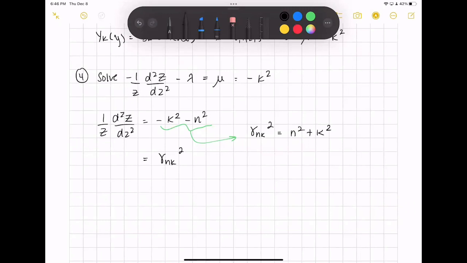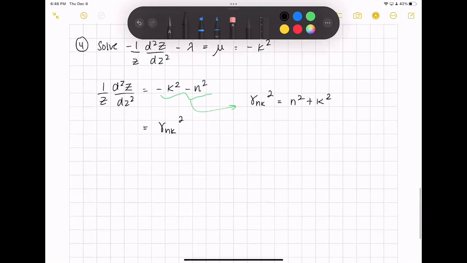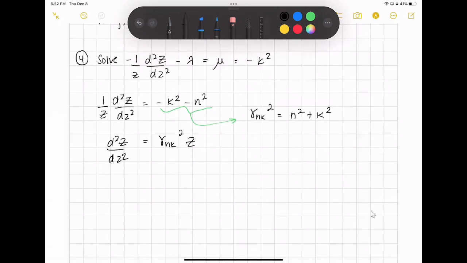And from there, now we're going to bring the z to the other side. So if I just write it out like this, and then bring that z over. And we know this is a second order ODE with constant coefficients.